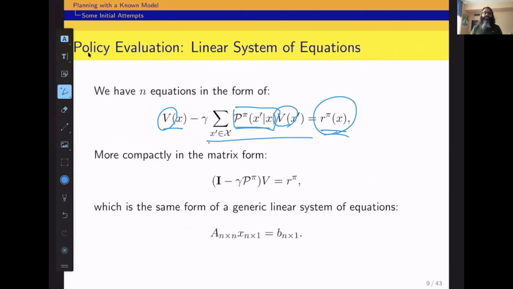And I can write it more compactly in matrix form: (I minus gamma P pi) times v is equal to this vector r pi, where I is the identity matrix. This is a linear system of equations that, if I can solve, I can find v pi essentially. And you see that this is the same form as a generic linear system of equations, A v = b.